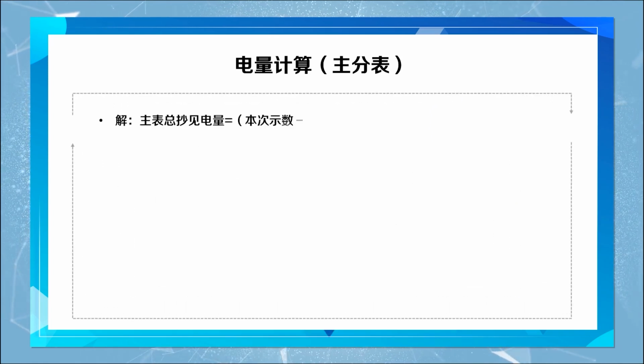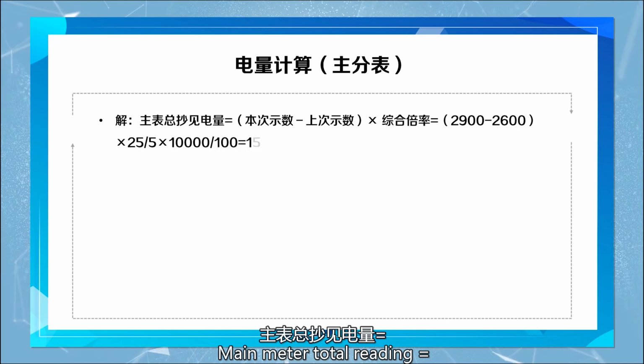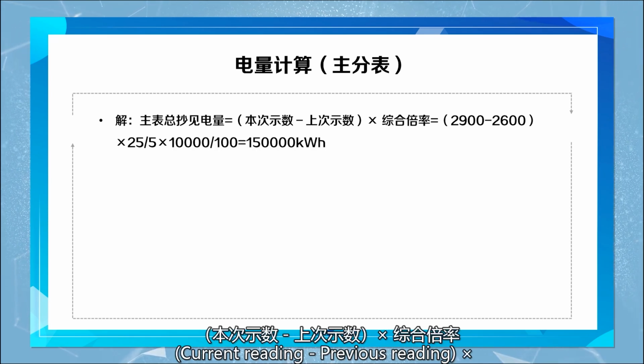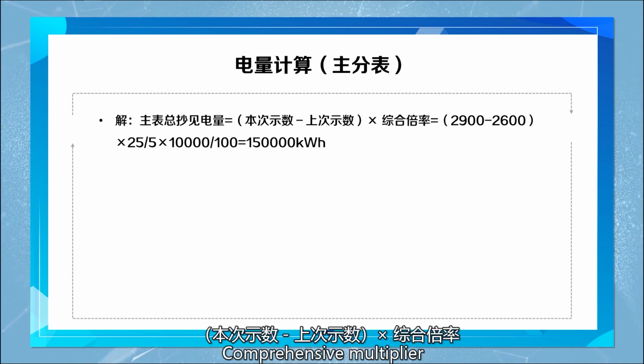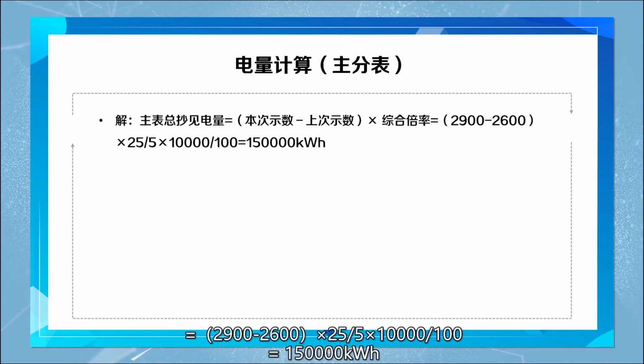Solution. Main meter total reading equals current reading minus previous reading all times comprehensive multiplier equals 2,900 minus 2,600 all times 25 divided by 5 times 10,000 divided by 100 equals 150,000 kilowatt-hour.